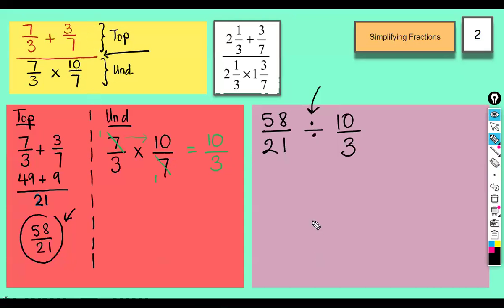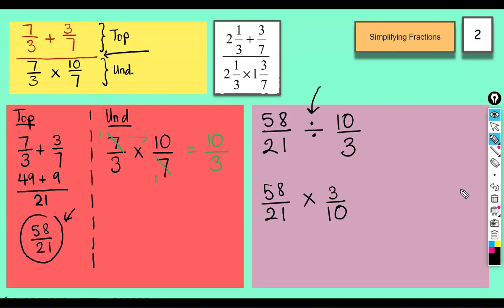Because when we write it like this, we know the divide will change to a multiply, and whatever comes after, we flip it. In other words, the reciprocal. Right. Can you all multiply that out or reduce anything before multiplying it? I see something that could cancel out there for sure.